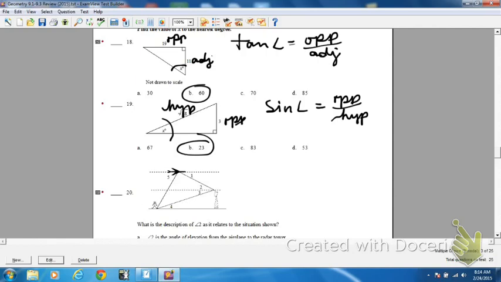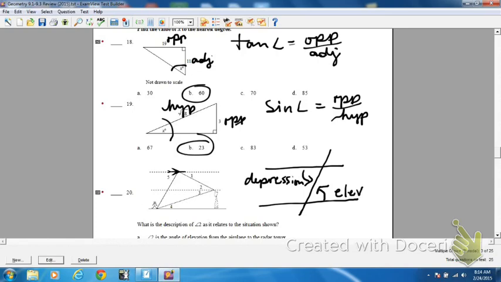Number 20, this is a problem about angle of elevation and angle of depression. When you have a horizontal line cut by a transversal, the angle that's created from the horizontal line down is the angle of depression, and from the horizontal line going up is the angle of elevation.